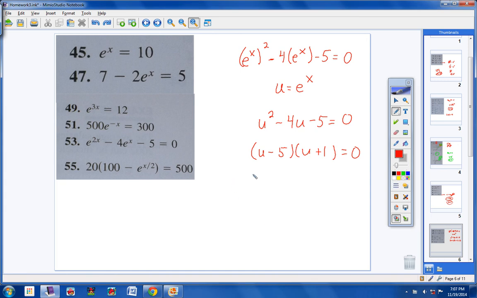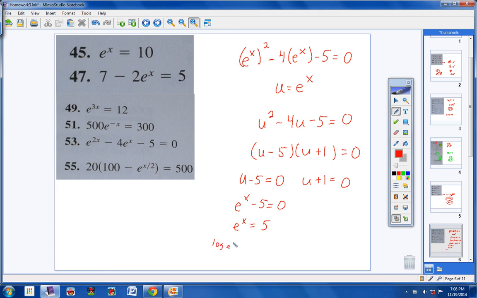So now continuing on for u right here, u minus 5 equals 0, and u plus 1 equals 0. Now where the u is, I'm going to put e to the x. So e to the x minus 5 equals 0, and bring the 5 over, make it positive. Now take the log base e of both sides.